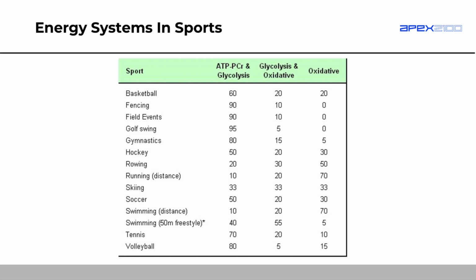So anything distance, anything we're doing for a long time, if we're able to do it for a long time, it means the intensity isn't that high because we're able to sustain it, which means it's relying primarily on that oxidative system. So duration and intensity are the two things you need to think about. If it's a long duration, it's not going to be a very high intensity. It can't be. We can't sustain the highest possible intensity for a really long duration.